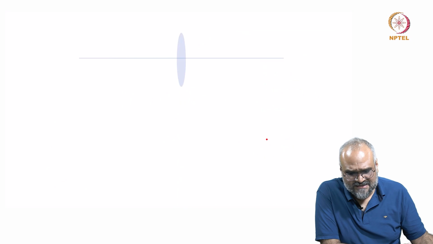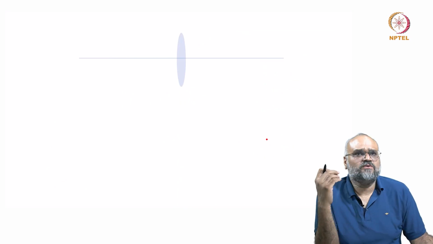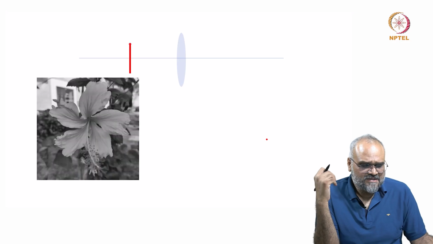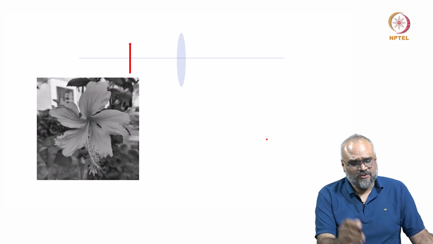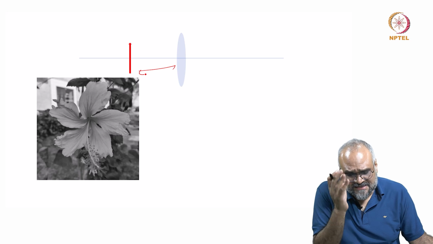So let us understand this in a little more detail. I'll draw your attention to one of the earlier discussions we had. Suppose I have an object placed very close to the lens, which is the case in a transmission electron microscope.